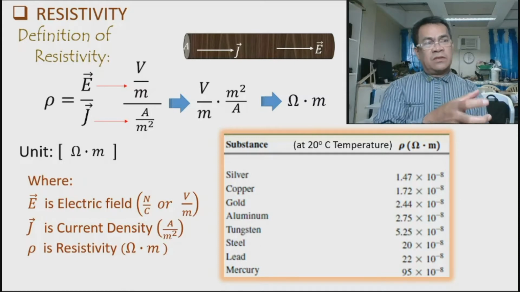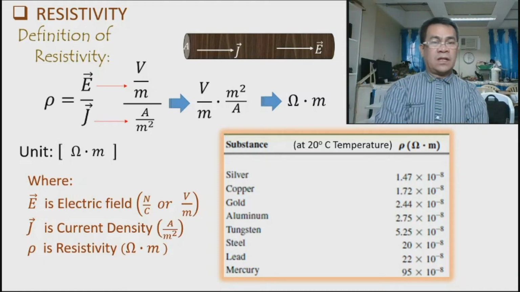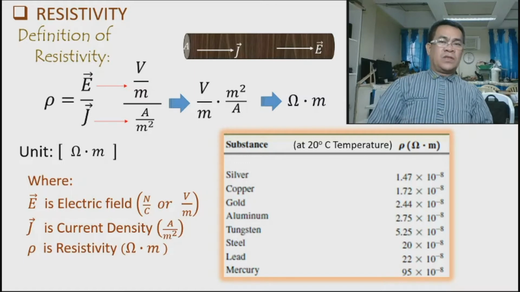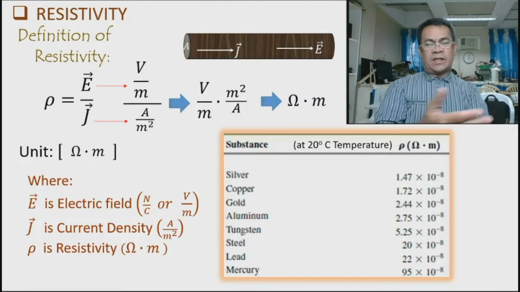We want the conductor in order to convey electrons, but materials have different characteristics. Within the materials, there are good conductors and poor conductors. A poor conductor is an insulator. Therefore, the resistivity also varies.